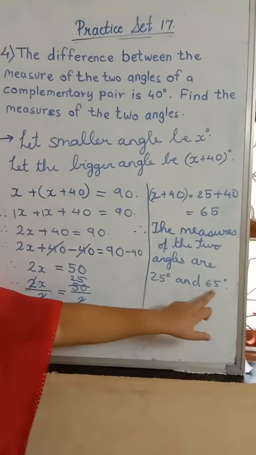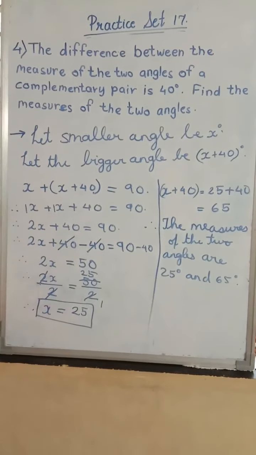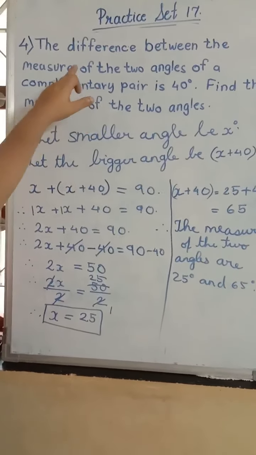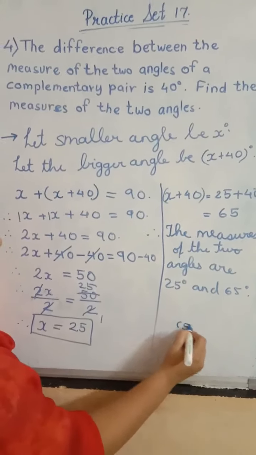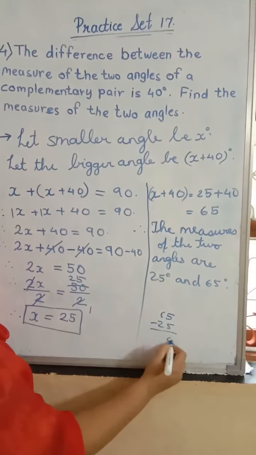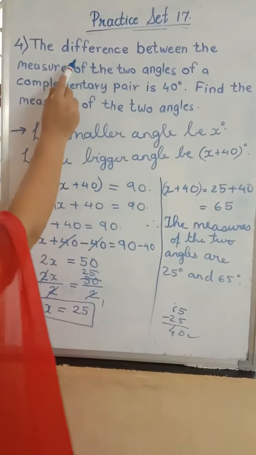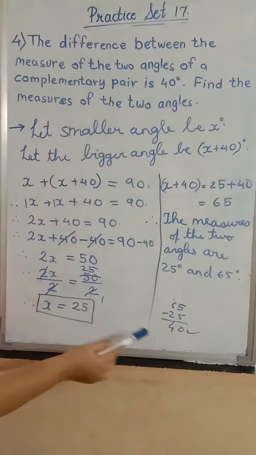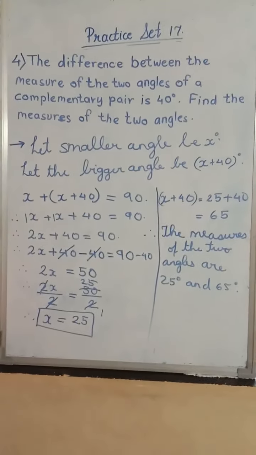See, 25 plus 65, is it 70 plus 20, 80, 90? Yes, means this is satisfied. Now we knew that the difference should be 40. Just subtract and see. 65 minus 25. Are you getting a difference of 40 between these two? And that was only asked, no? The difference between the two angles of a complementary pair is 40. So this is the solution for the fourth sum.